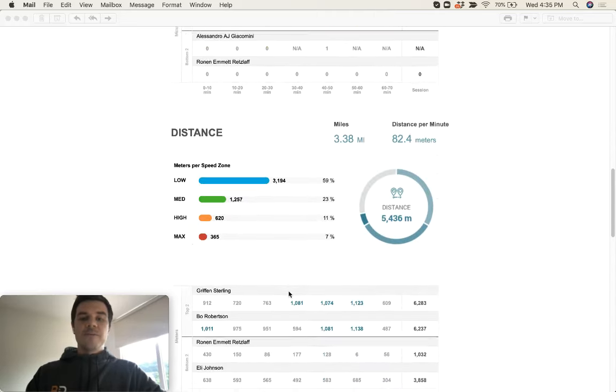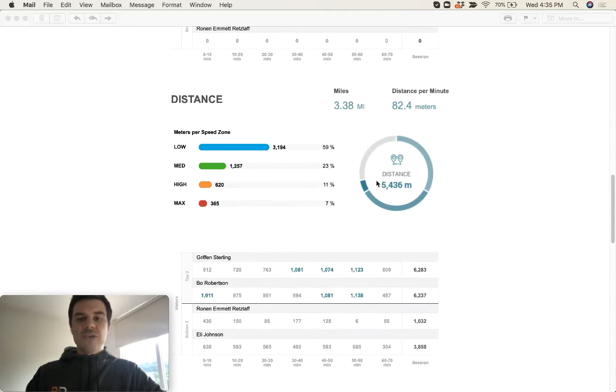Distance. Similar to heart rate, total distance covered on average for the team. We have also added the miles equivalent, or the miles conversion, I should say, because this is something that we didn't have in the past and we know is important to have. We've also added what their distance per minute was.